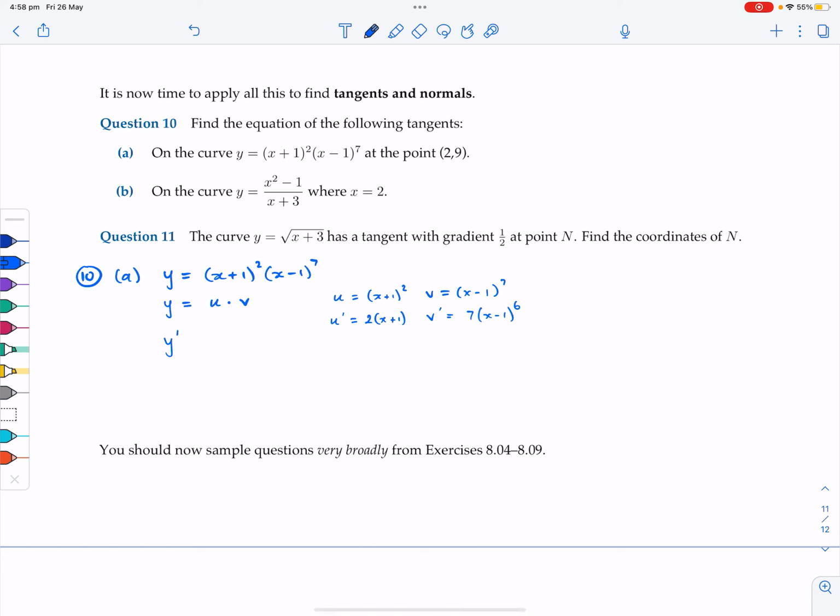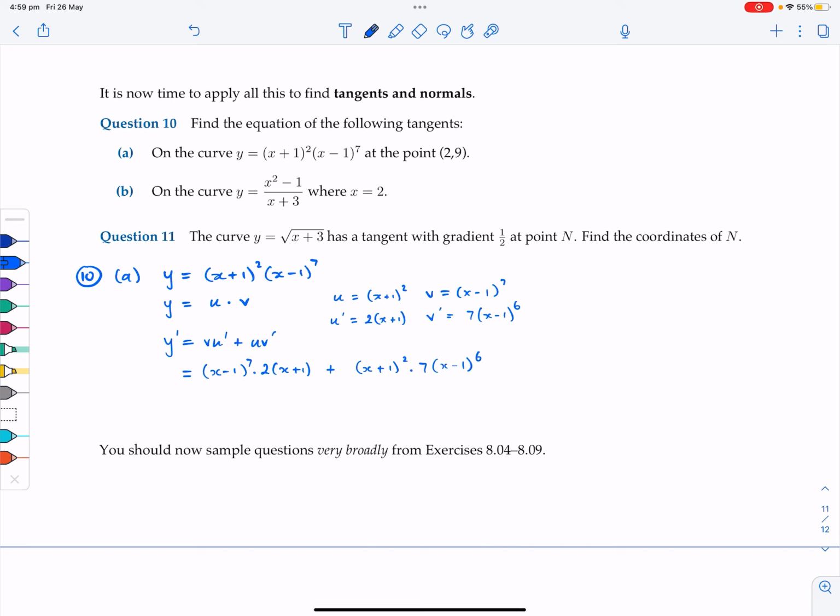So y dash is v u dash plus u v dash. So that is (x minus 1) to the 7 times 2 lots of (x plus 1), plus (x plus 1) squared times 7 lots of (x minus 1) to the 6.